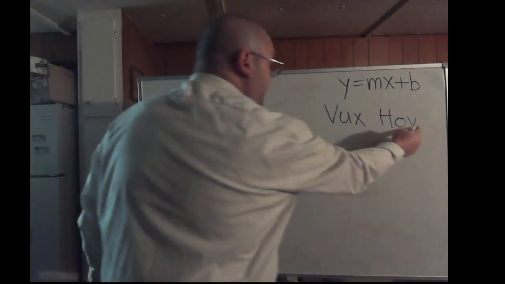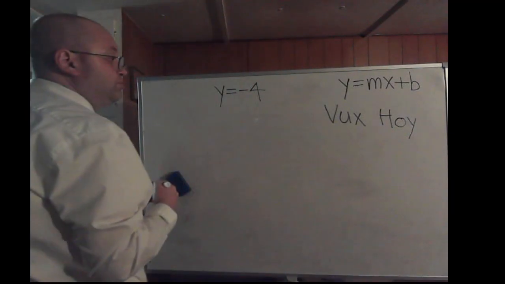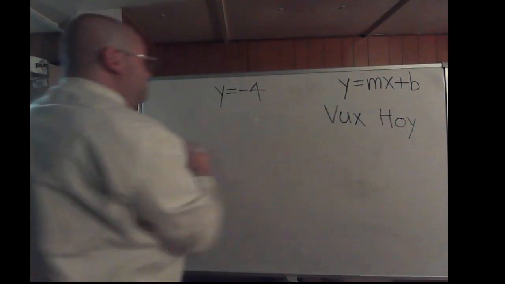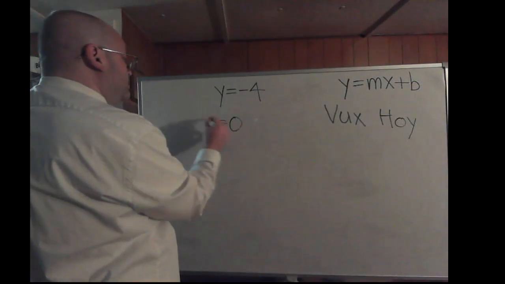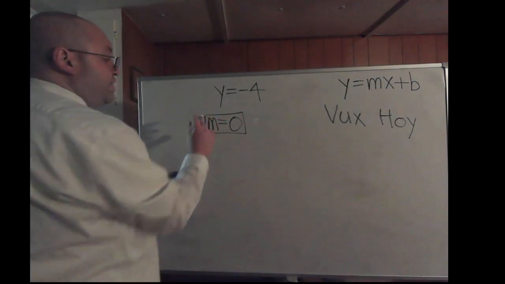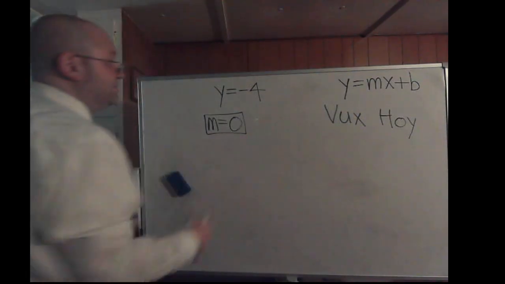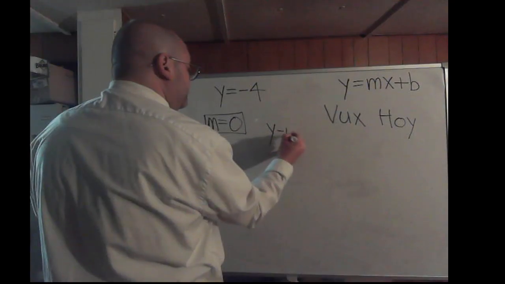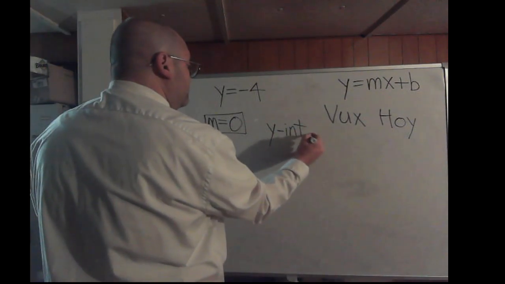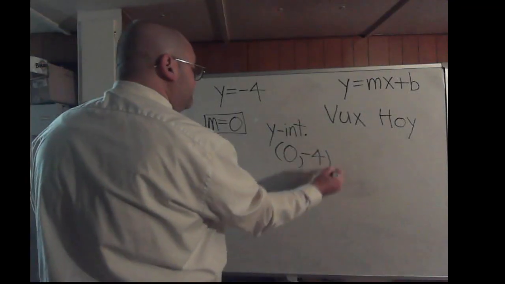If you have y equals, that means a 0 slope. So therefore your slope is 0. There is no slope. It's just a straight horizontal line. Now your y-intercept, it gives it away. y equals negative 4. The y-intercept occurs at negative 4, so therefore your y-intercept coordinate is (0, negative 4).